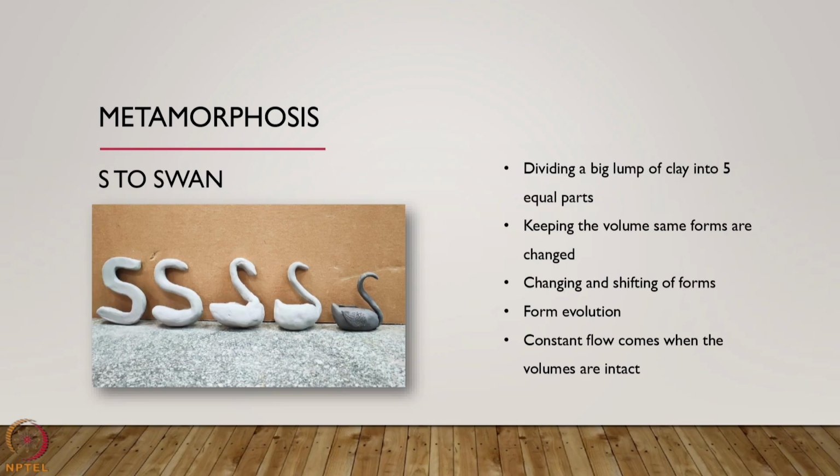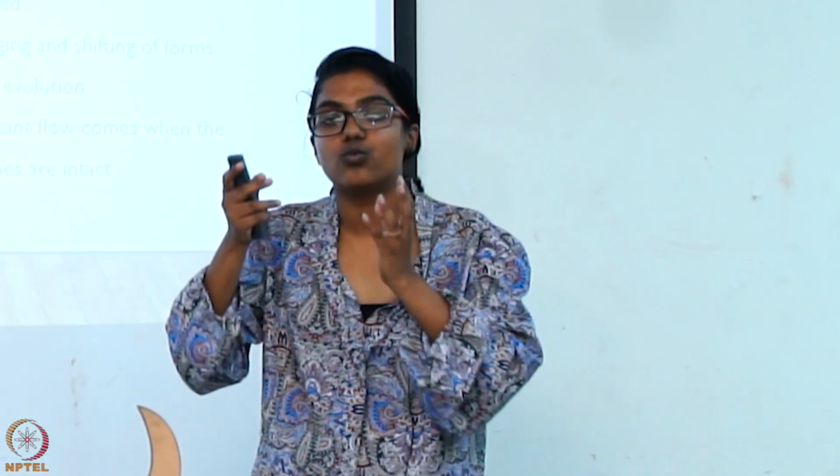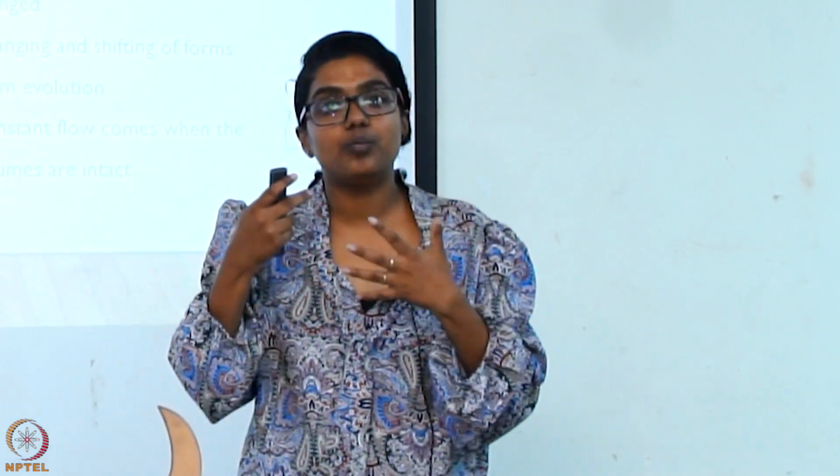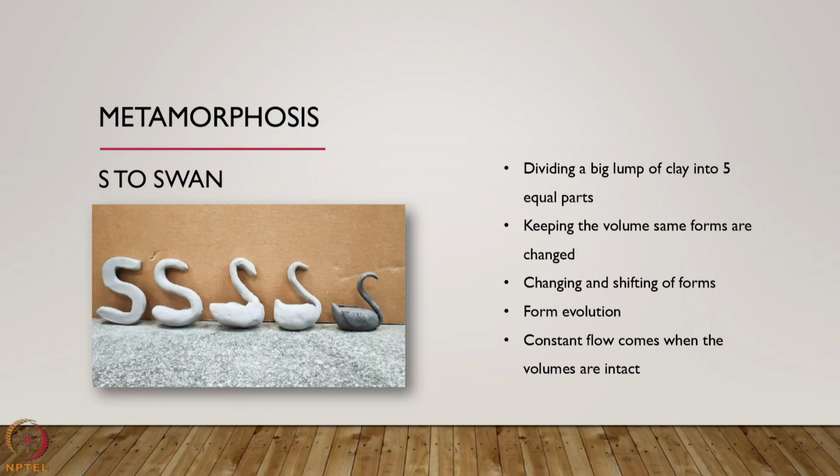I did the assignment first, and it was too refined, and the volume change could be seen suddenly. So I had to redo that in such a way that volume change cannot be felt. So we finalized this exploration, and this was all about metamorphosis, and we could study how the form evolves, and the constant flow comes when the volumes are intact.